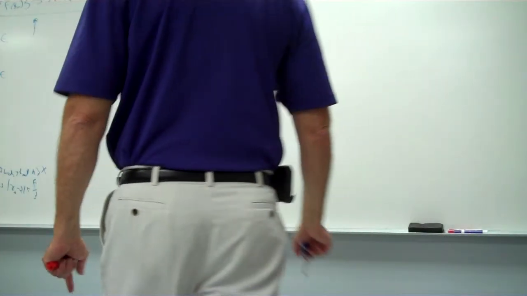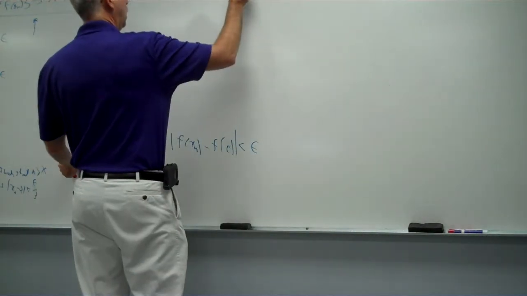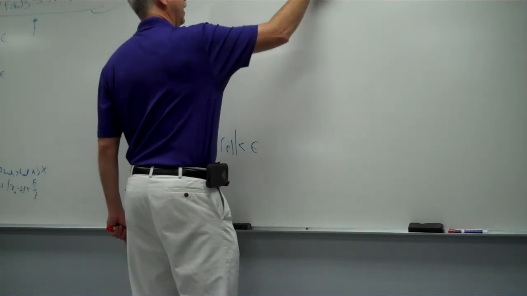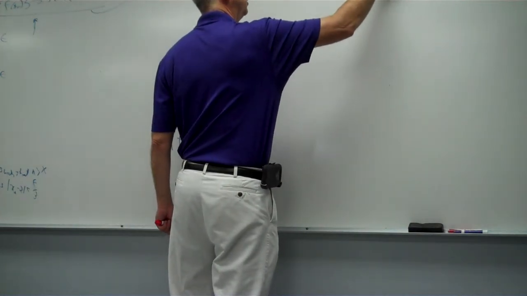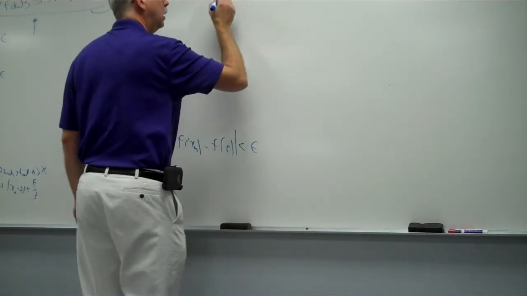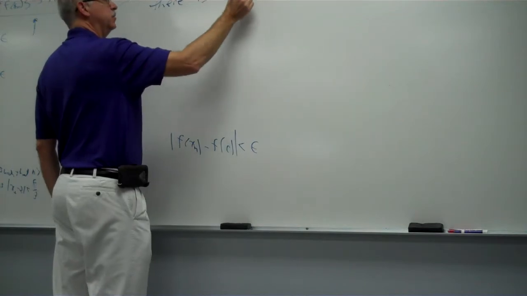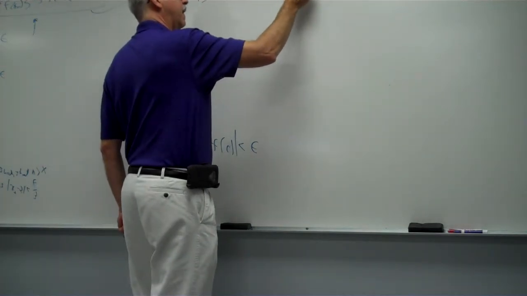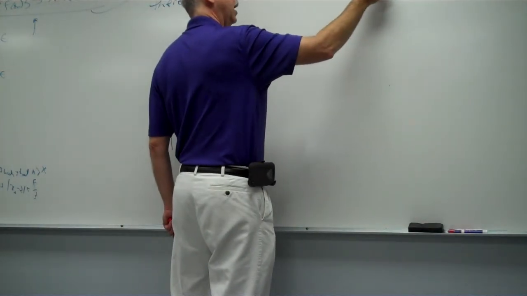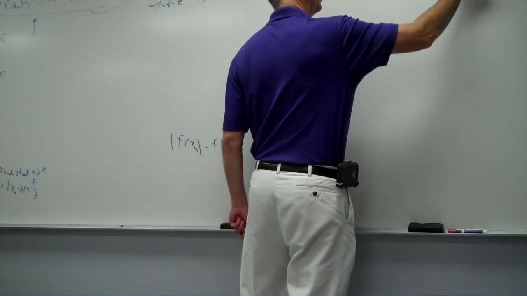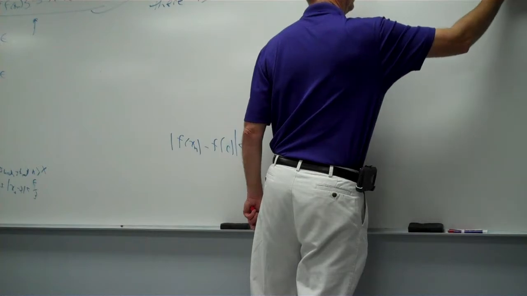But given epsilon greater than 0, by the convergence of x sub n to 2, there is a capital X such that n greater than capital X implies x sub n minus 2 is less than epsilon over 3.